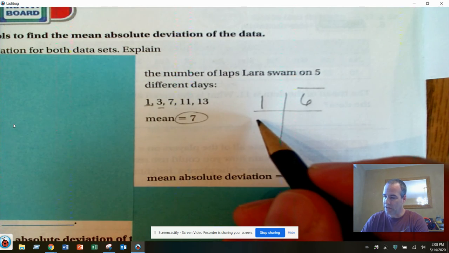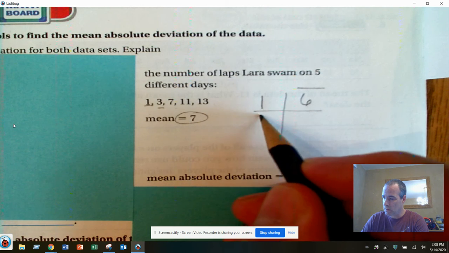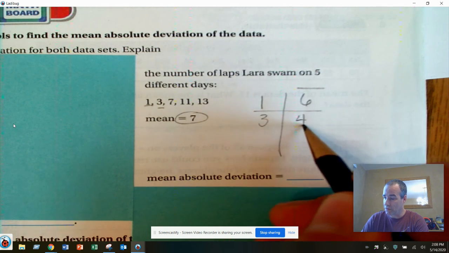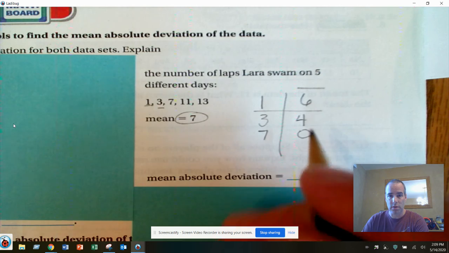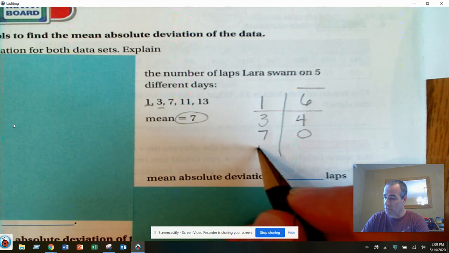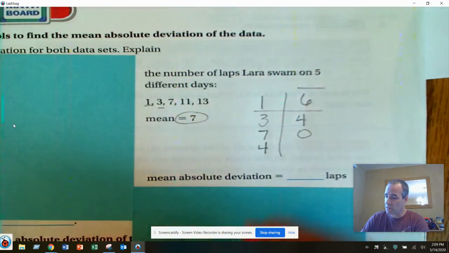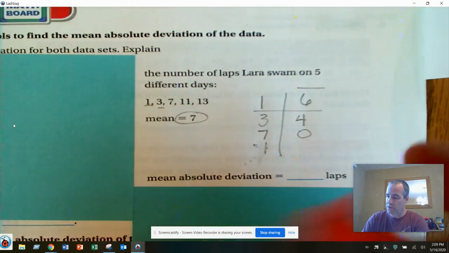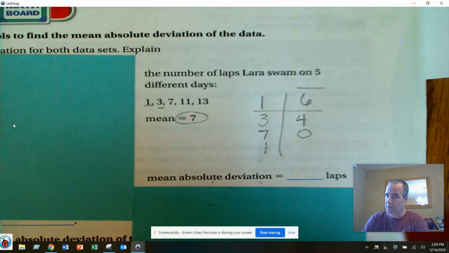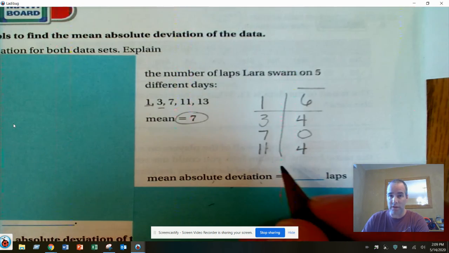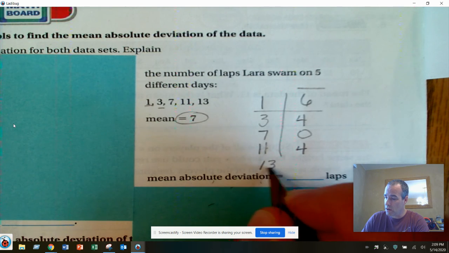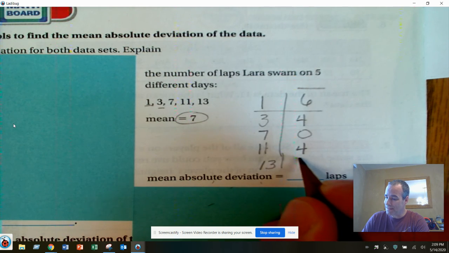How far is 3 from 7? It is 4 units away. How far is 7 from 7? 0. 11, going in the other direction, is 4. Oops. This is why we use pencil. It's math class. 11 is 4 away, and then our last number is 13, and that one is 6 away.